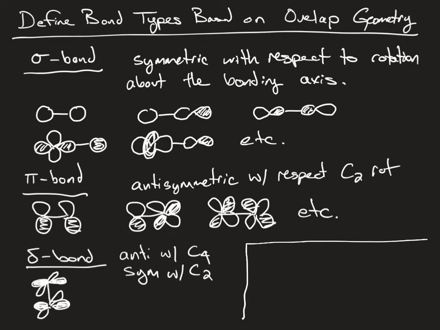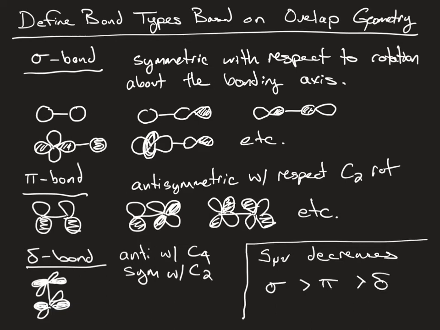In general, the overlap integral decreases going from a sigma type bond to a pi type bond to a delta type bond.